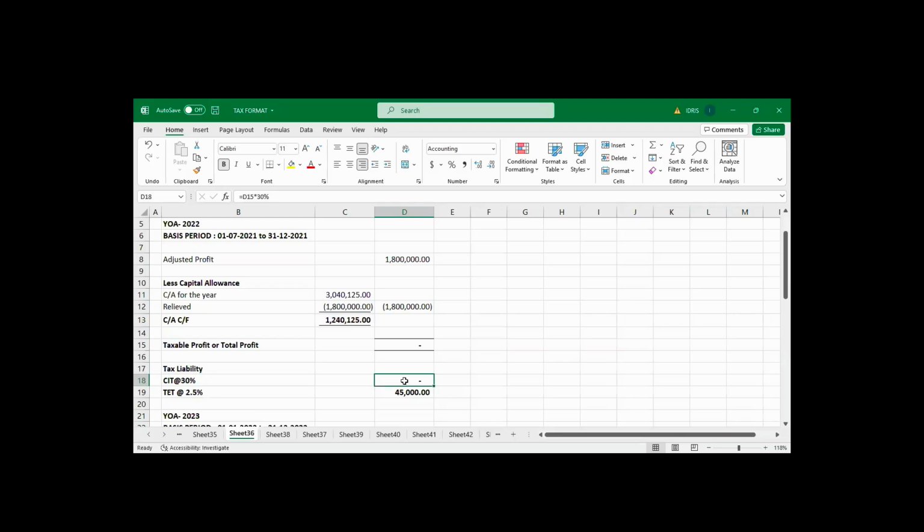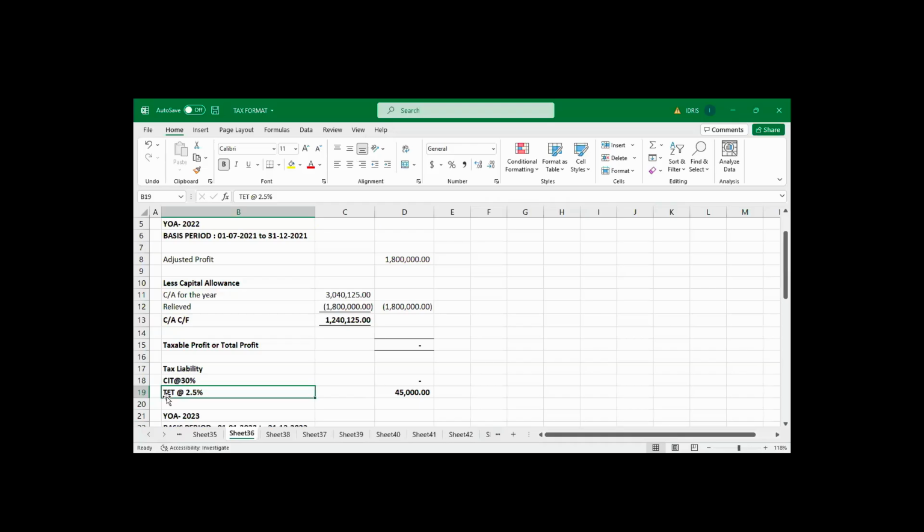Yes. Our TET, as our 2022 year of assessment, what is the rate of company income tax in 2022 year of assessment? 2.5. TET is computed on what profit? Assessable profit.